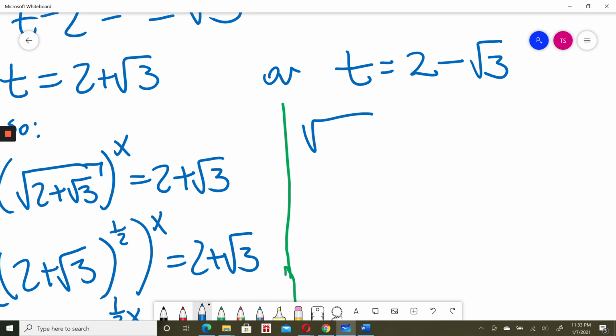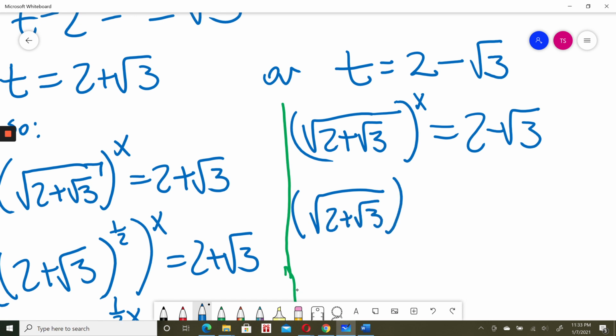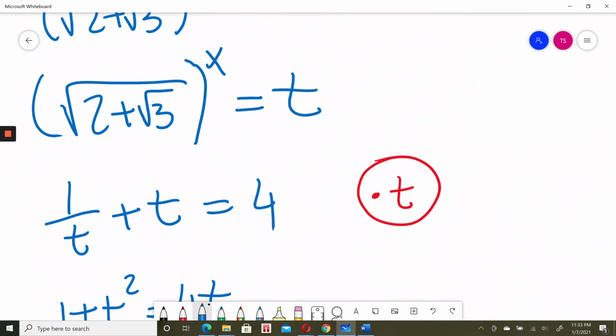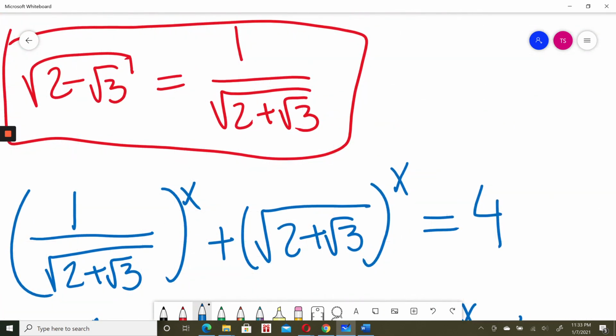So I know 2 plus square root of 3 to the power of x was my t. It will be equal to 2 minus square root of 3. So square root of 2 plus square root of 3 to the power of x is equal to, using what I proved before but written with the square root, that square root of 2 minus square root of 3 is 1 over square root of 2 plus square root of 3.